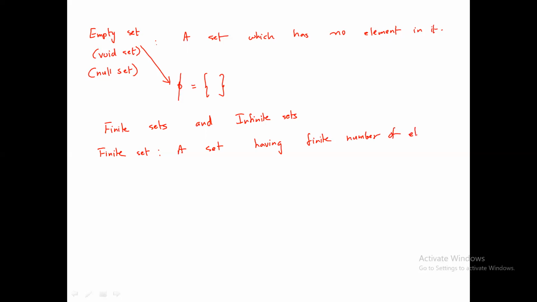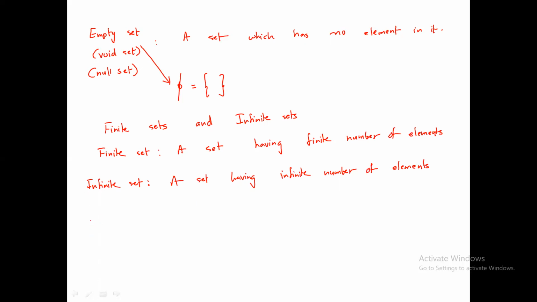You can count the number of elements. Such a set is finite set. And what is infinite set? A set having infinite number of elements. Many elements which we cannot even count.